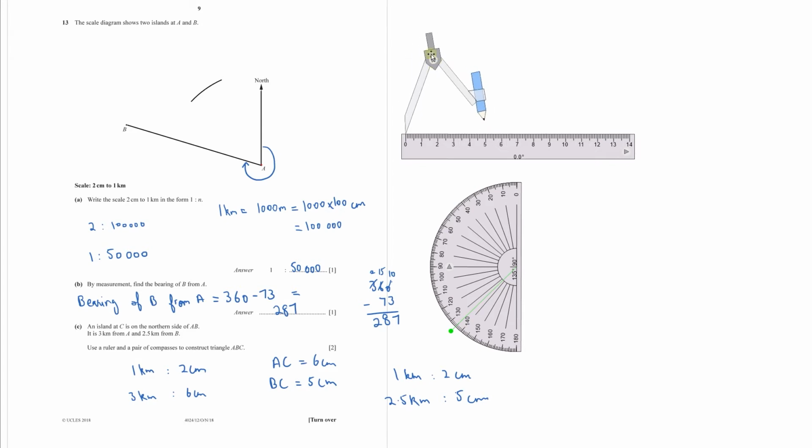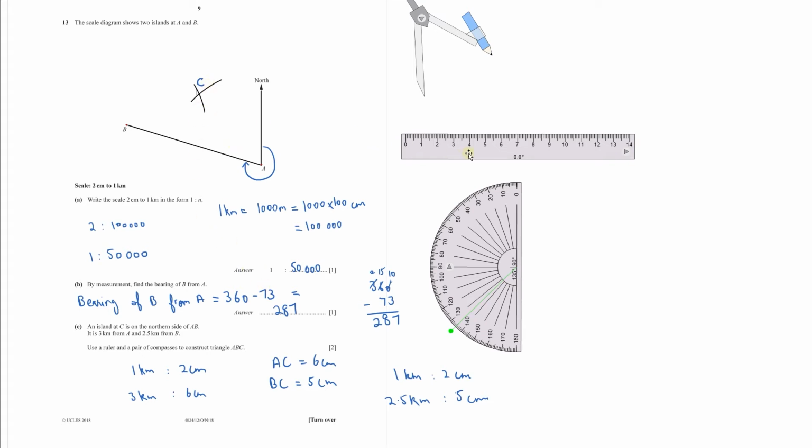Now I will place it at B and then draw an arc. So now the intersection of the two arcs gives you the point C, which is 6 centimeters from A and 5 centimeters from B.